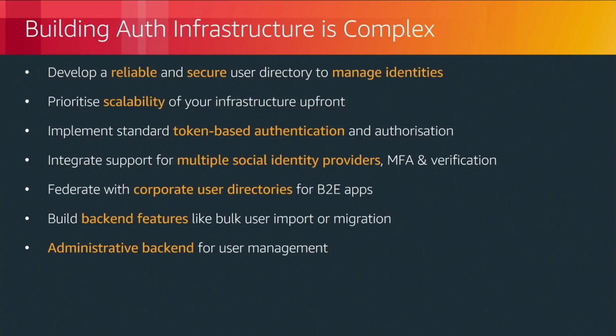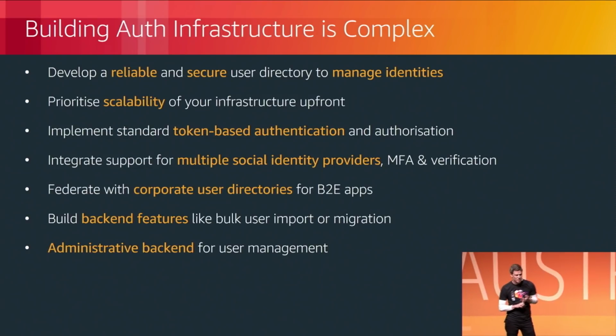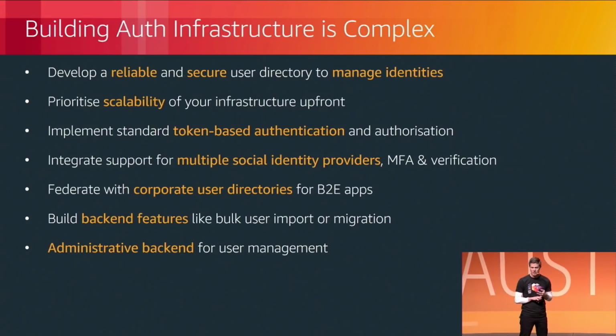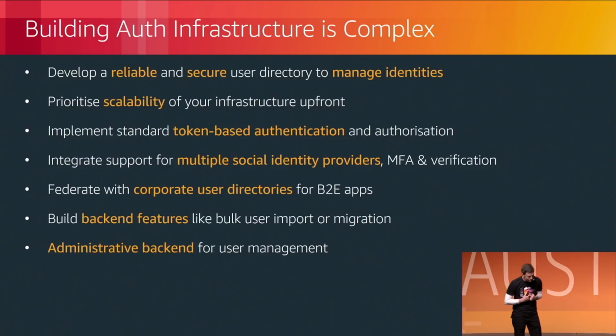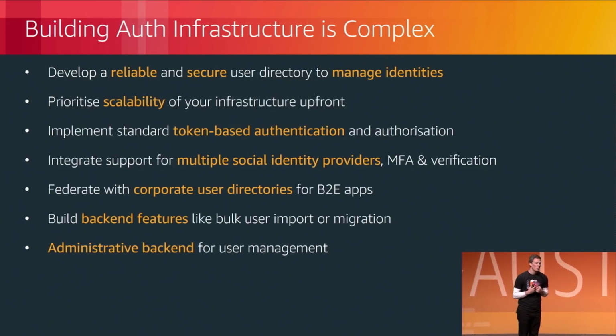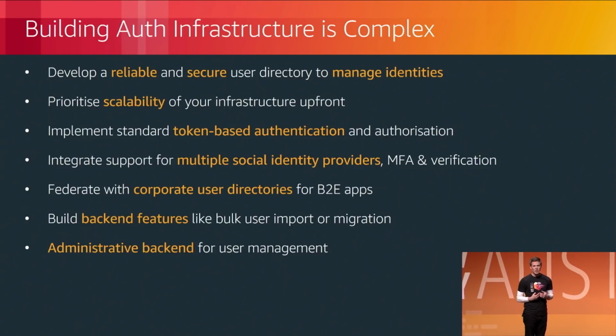To build an identity management system, you have to plan and provision your infrastructure that can host a reliable and secure user directory. It's got to scale to support millions of users. I don't know about what kind of apps you guys are building, but millions of users are definitely going to sign up for mine. If you want it to be an easy process for users to sign up and leverage your app, you want to integrate this with your social identity platforms, right?